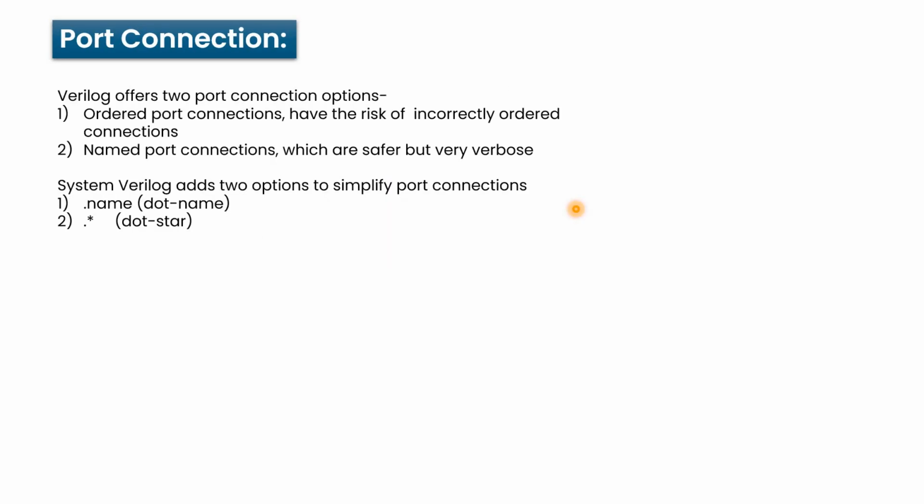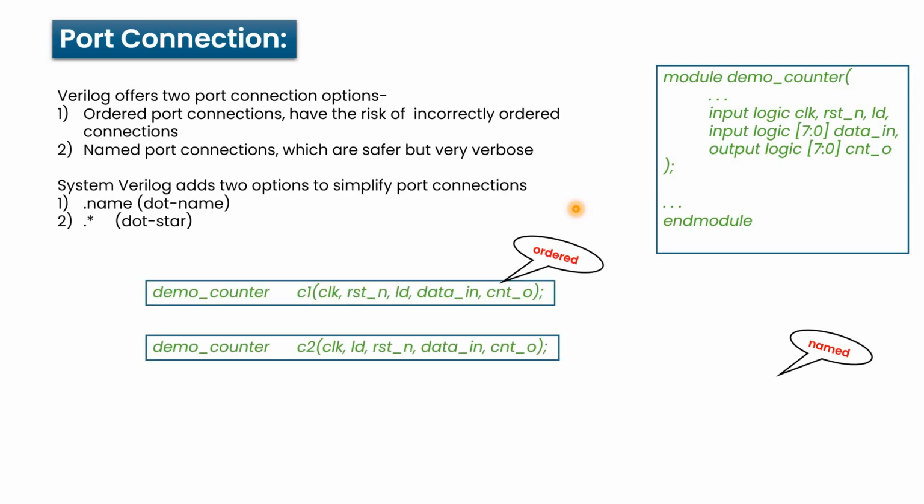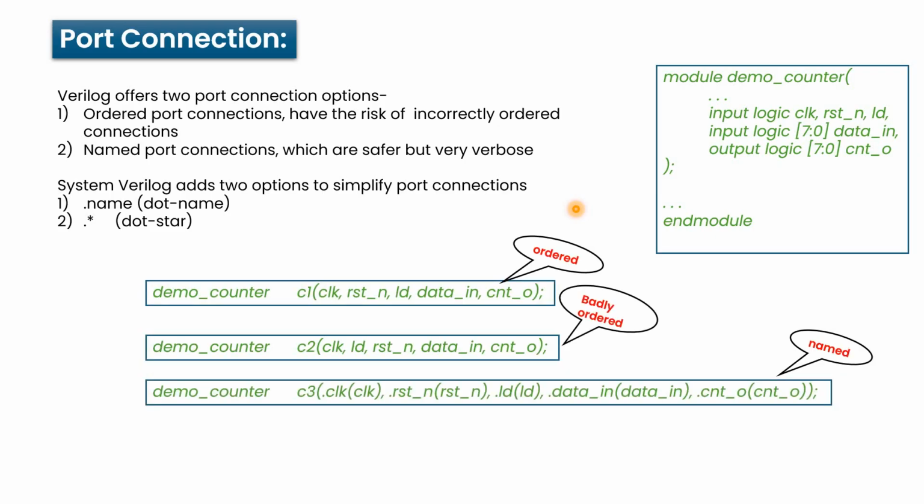Now let's come to another important improvement in SystemVerilog, which is port connectivity. So when we instantiate a child module inside a parent module, we have to do the port connections, and Verilog has its own styles of port connections which have some flaws, and those flaws have been eliminated in SystemVerilog using a different approach.